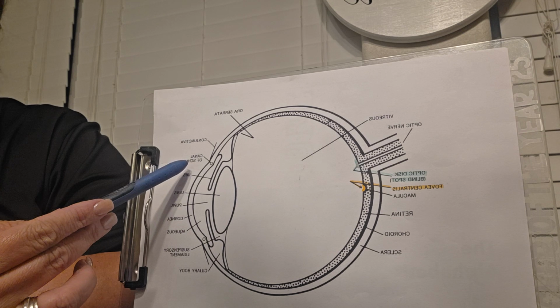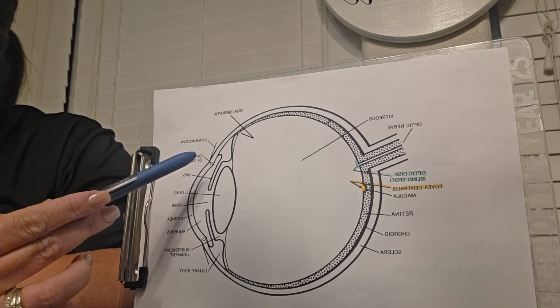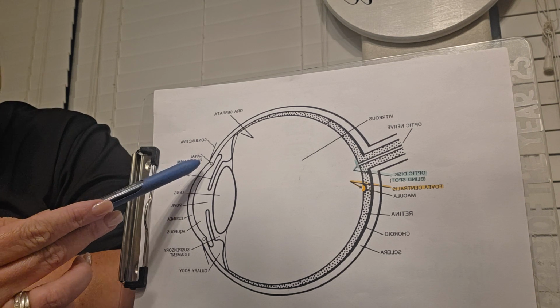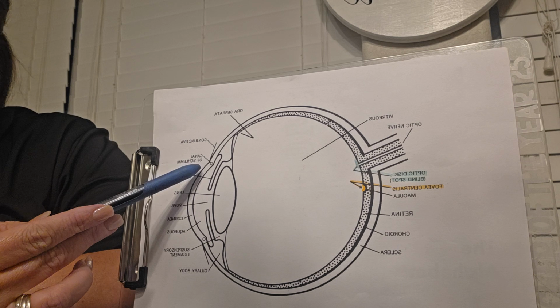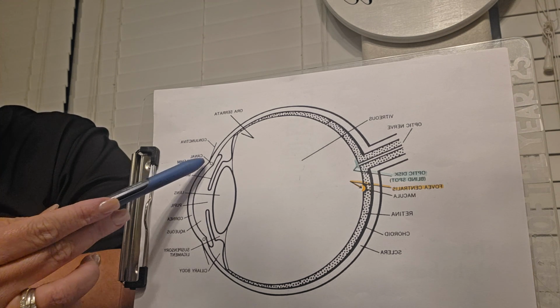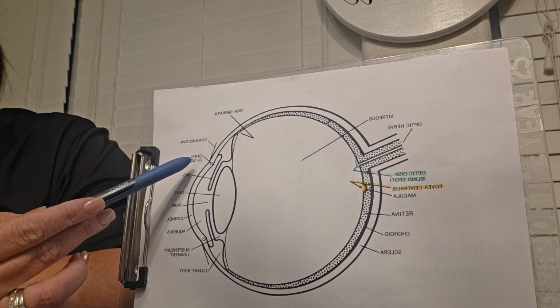Up here we have the canal of Schlemm. This canal is responsible for filtering the fluid and draining it out of the eye to help get rid of any kind of buildup.